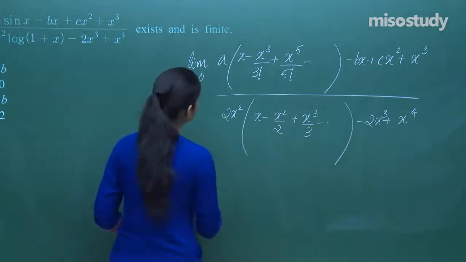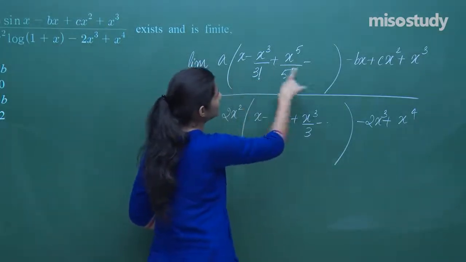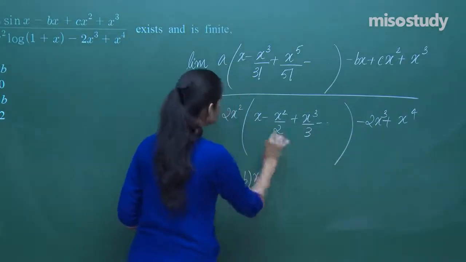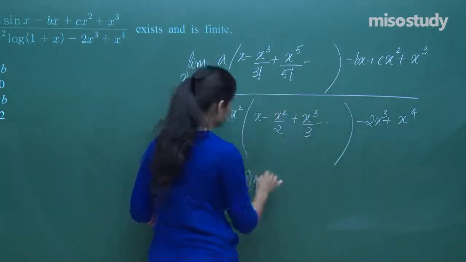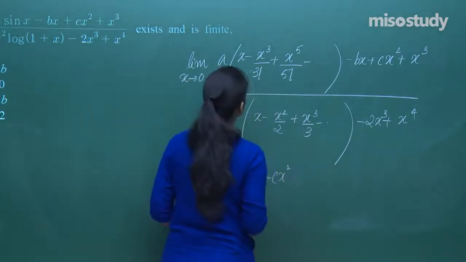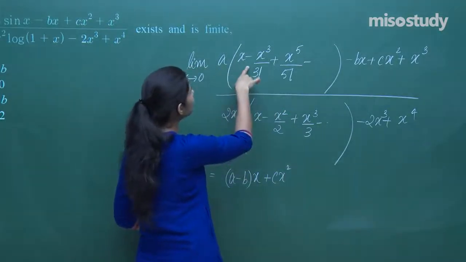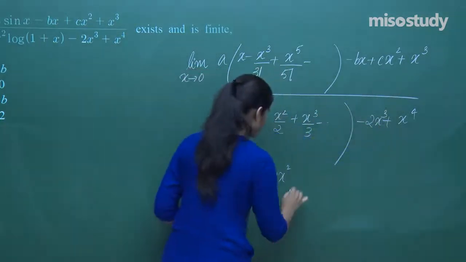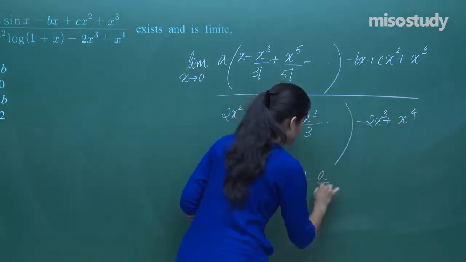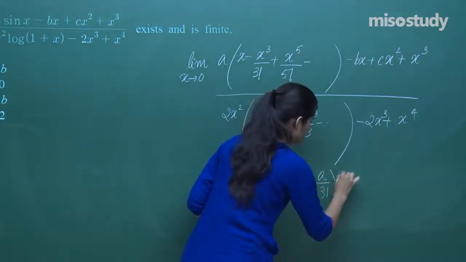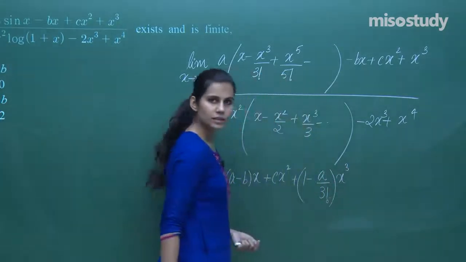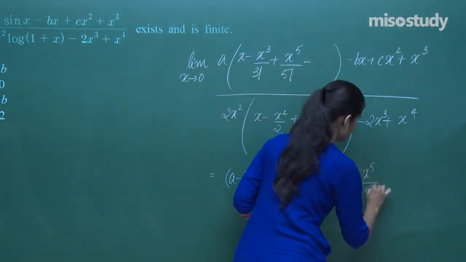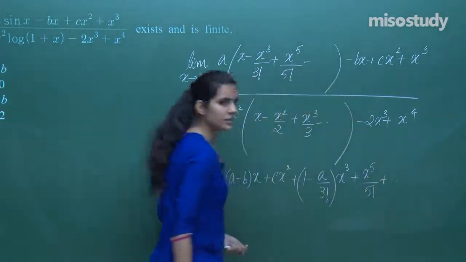So here, if you see, you basically have ax minus bx, so (a minus b)x, then you have plus cx squared, and then talking about x cubed, you have minus a by 3 factorial x cubed and 1 x cubed. So you have (1 minus a by 3 factorial) x cubed.